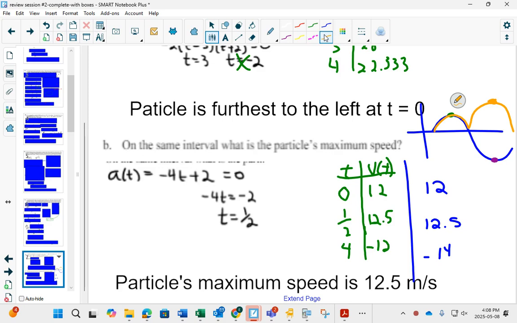But in the moment, you see the word maximum, you have a graph, you just think about that high value. Just something to be aware of.